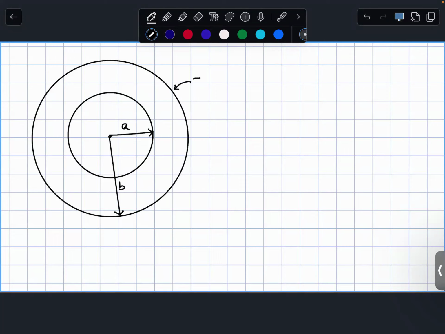This is a thin, conducting shell. Now you have a charge Q1 over here and a charge Q2 over here. What is the potential at a point inside on the inner sphere? Simple. Due to this charge distribution, due to outer charge distribution, V out.